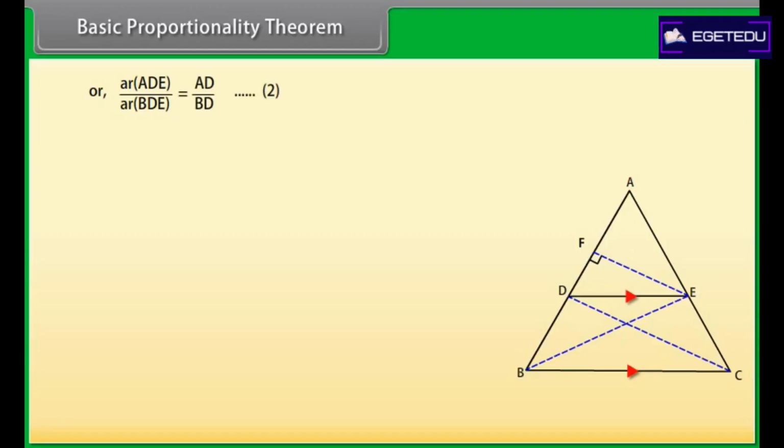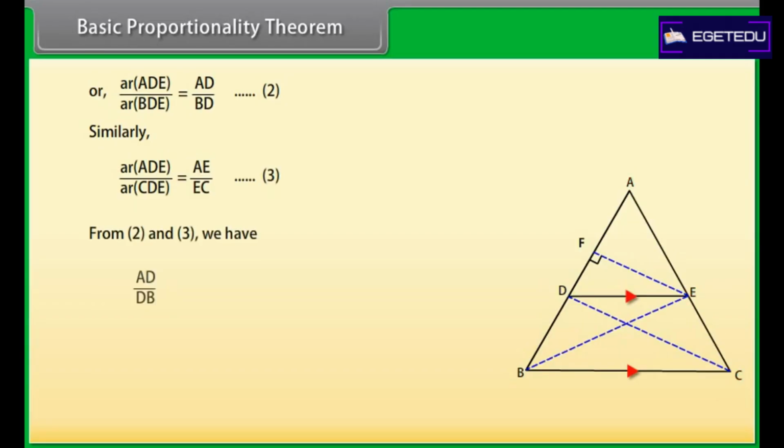Mark it as 2. Similarly, area of triangle ADE upon area of triangle CDE is equal to AE/EC. Mark it as 3. From 2 and 3 we have AD/DB = AE/EC, hence proved.